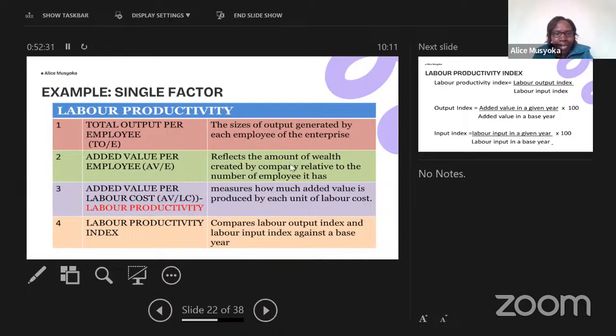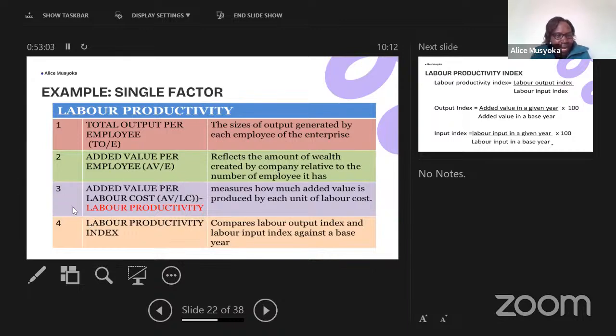And this one will reflect the amount of wealth created by the company relative to the number of employees it has. I think we are conversant with this, the added value. You are looking at what you have created in terms of the profits and dividing by the number of employees.